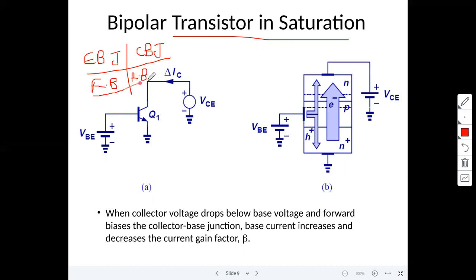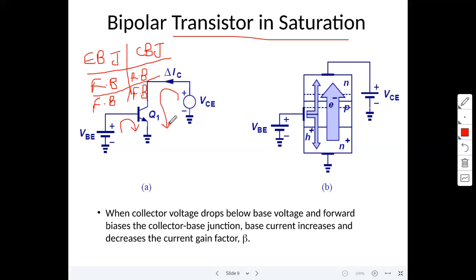But now coming to the saturation mode, the emitter base junction is the same as before, forward biased, whereas the collector junction is also forward biased. Remember this: in this case, both junctions are forward biased. The remaining mechanisms, collector current flow and base current flow, are everything the same.